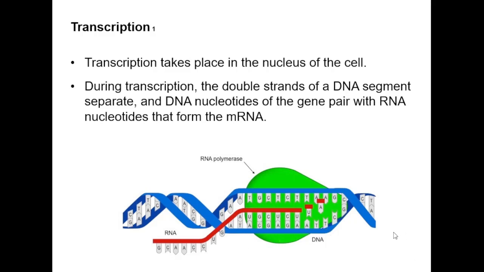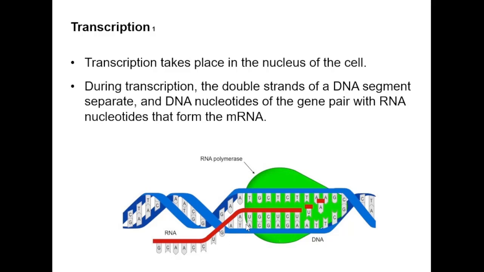Once the nucleotides are exposed, complementary nucleotides will attach to the exposed nucleotides of the DNA. So as we can see here, your thymine, what is the complementary base pair of that? Adenine. So it will connect to that, and it will start a chain of RNA.